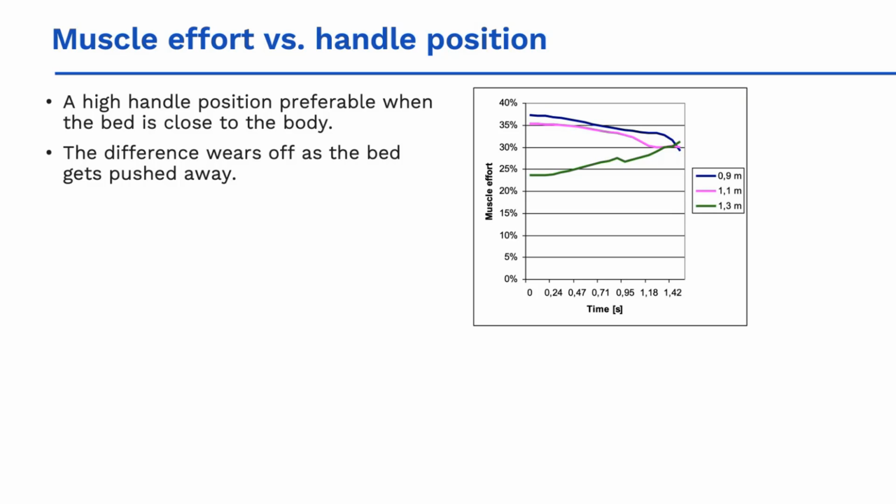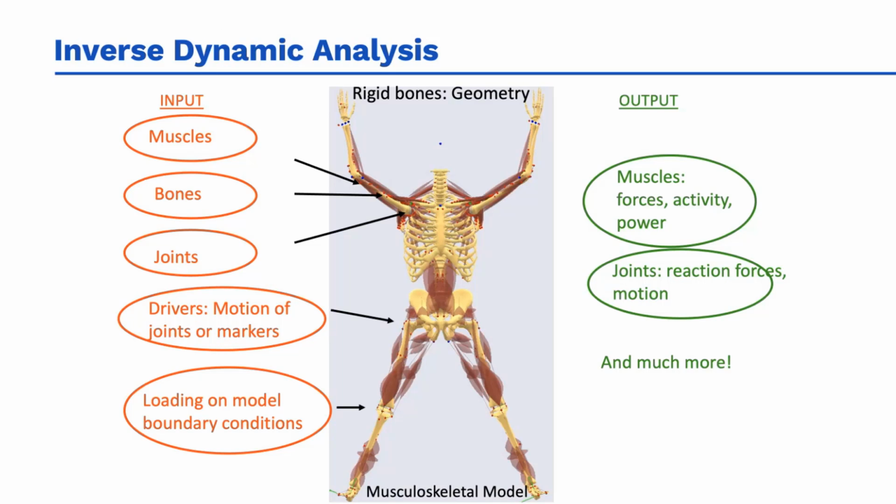And as time goes by, of course, any one of these heights are going to converge because you're basically pushing it away from you. But the most important thing to get from this simulation is that you're getting quantitative data out of these simulations. And that's exactly what we need for this procedure that we are talking about.